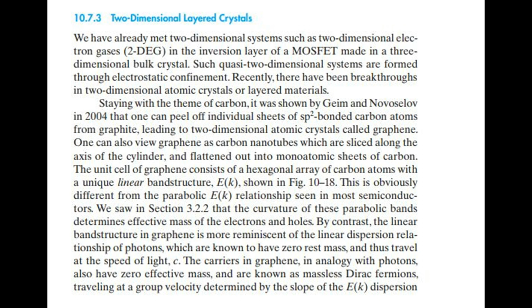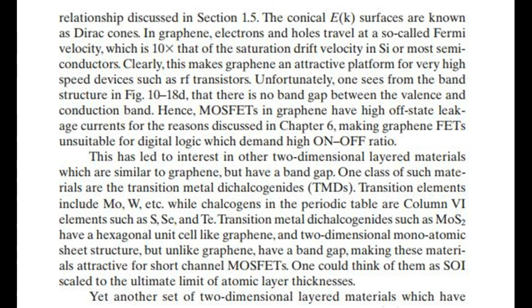By contrast, the linear band structure in graphene is more reminiscent of the linear dispersion relationship of photons, which are known to have zero rest mass, and thus travel at the speed of light, c. The carriers in graphene, in analogy with photons, also have zero effective mass, and are known as massless Dirac fermions, traveling at a group velocity determined by the slope of the E-k dispersion relationship discussed in section 1.5.